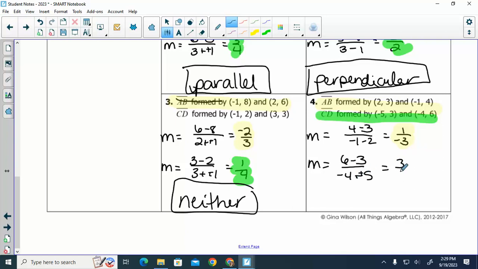And we get positive 3 over 1. So not same, but they're opposite reciprocals, so this one's perpendicular. Right, so if I give you the points, can you find the slopes and tell me parallel, perpendicular?